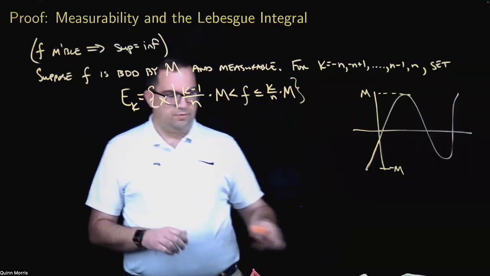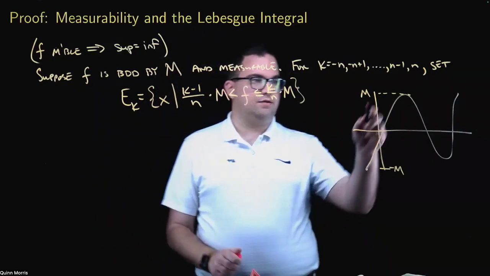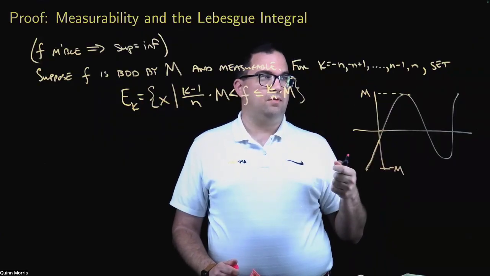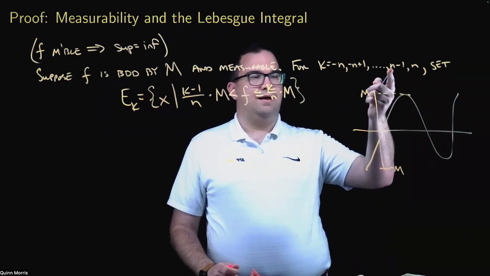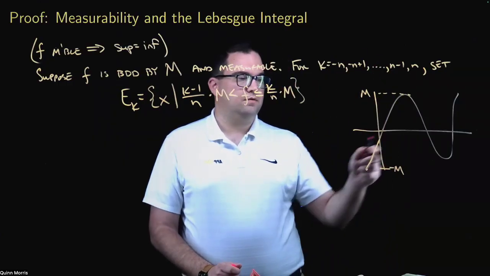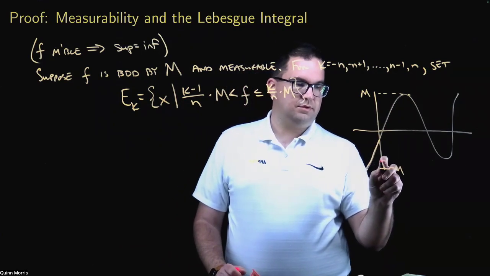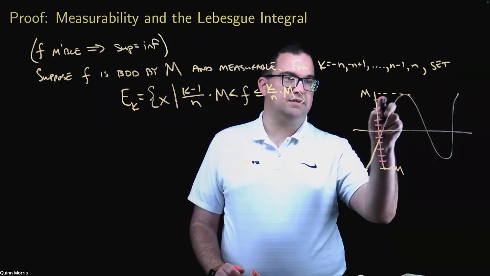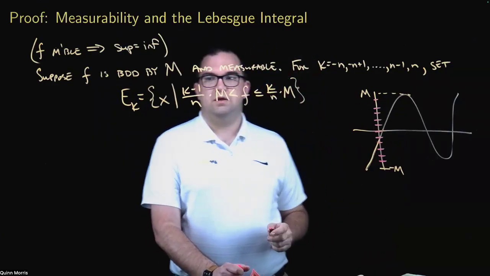Now, what we're doing is basically slicing up minus M to M into, I guess, 2n plus 1 pieces. The idea is we're just going to equally partition the range between minus M and M.